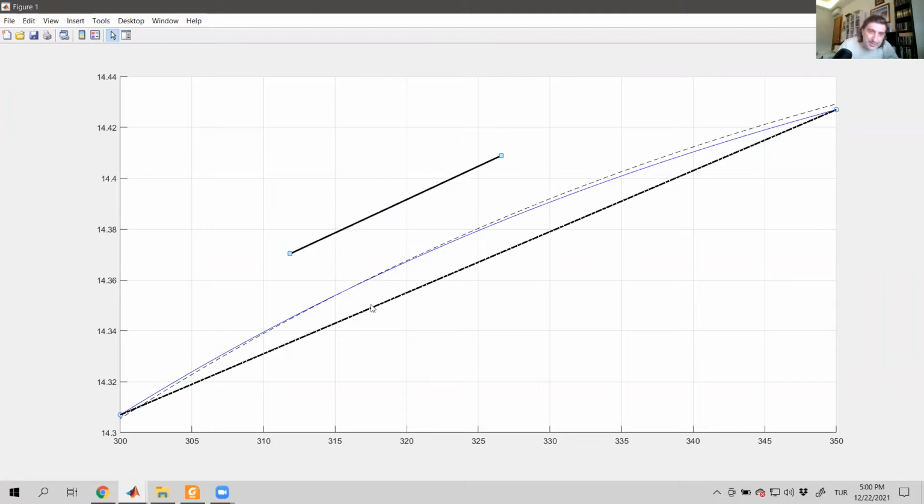So here, for instance, if we would like to find the derivative at 320, I guess the derivatives are going to be very, very close with the better or the true approximation. But if, let's say, we were to find the derivative at 340, then this line is going to be, let me put it.